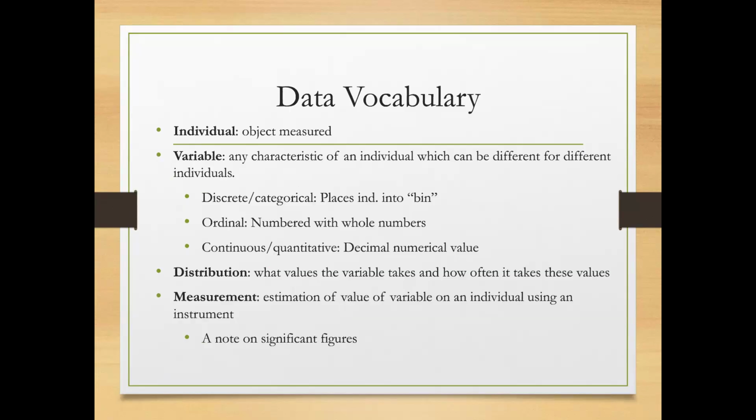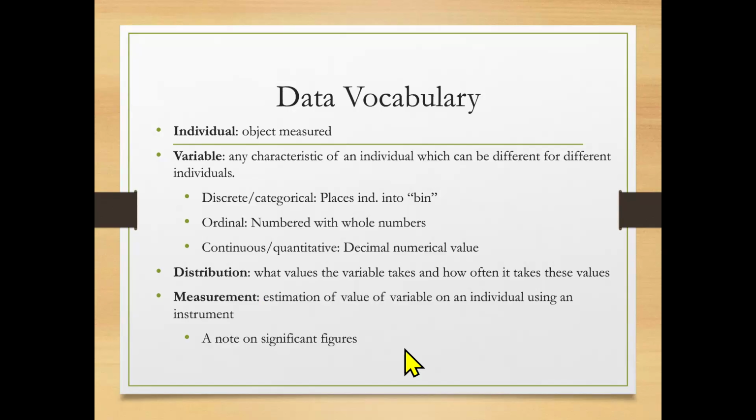It's the thing we're measuring, right? And sometimes our thing isn't a whole thing. We might be measuring circumference of the left paw of wallabies or something. We might be measuring multiple leaves on the same tree. We could be measuring multiple variables on the same individual.